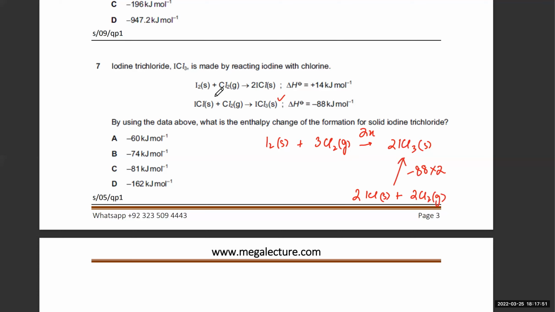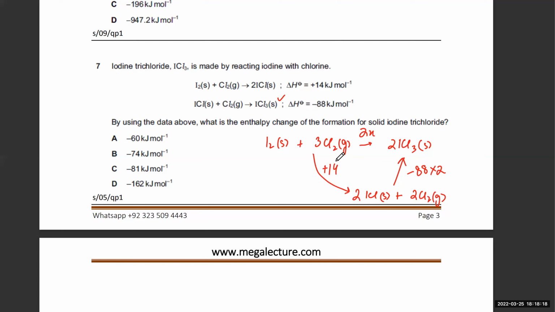And then you have this one, that I2 and Cl2 can react to form 2 ICl solid. That's this path, and that would be plus 14.